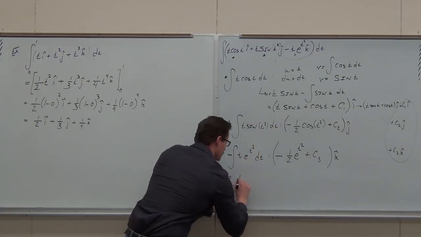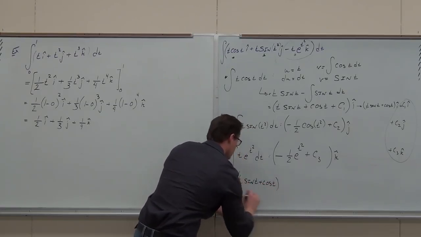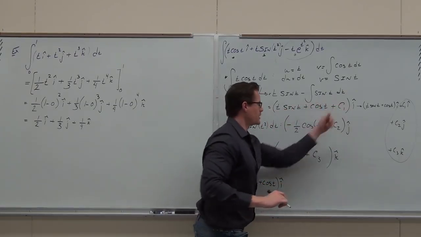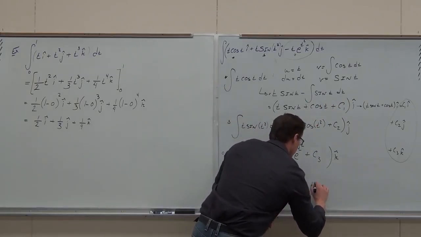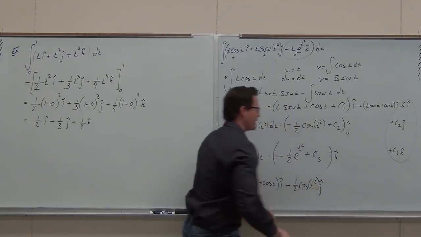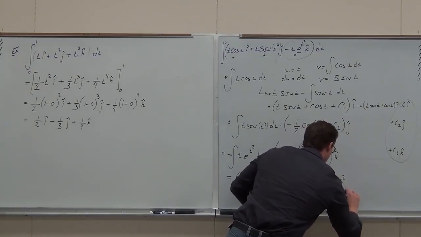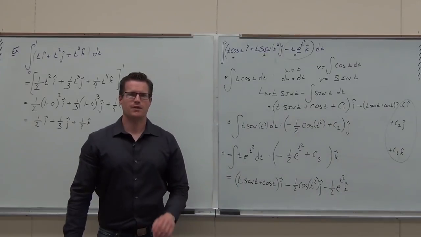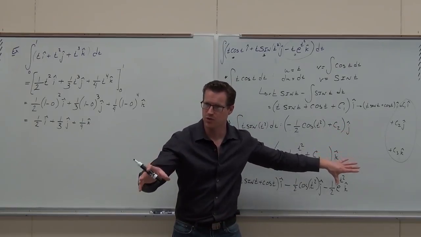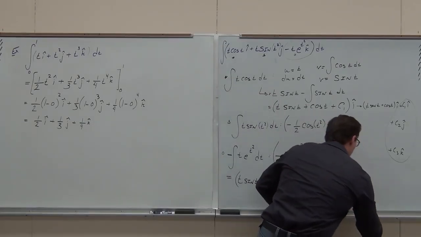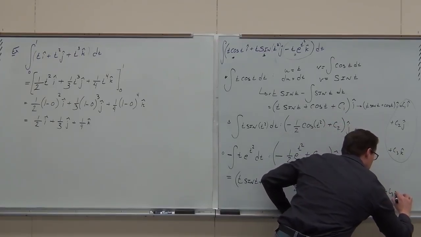I'll get my i component minus my j component minus my k component. And watch carefully, because you're never ever going to do this C1, C2, C3 thing again, but I need to prove it to you why we don't do that. At the very end, I've got this C1i plus C2j plus C3k.